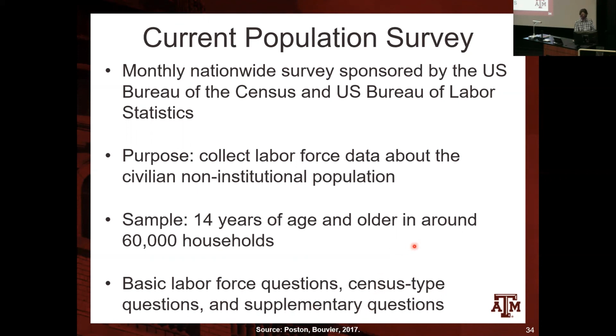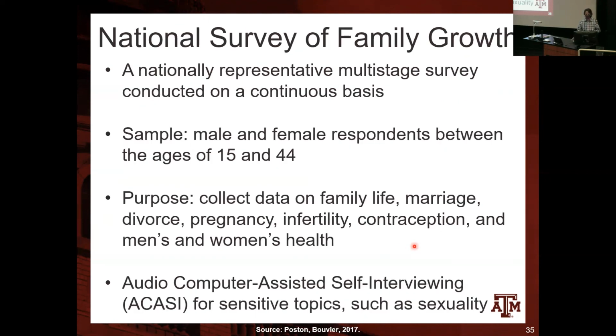The National Survey of Family Growth is a sample of male and female respondents between the ages of 15 and 44, collecting information more related to family life, marriage, divorce. And because it has more sensitive information about sexuality, these questions are implemented through a computer self-interviewing process. And also longitudinal, you can follow the same people over time.